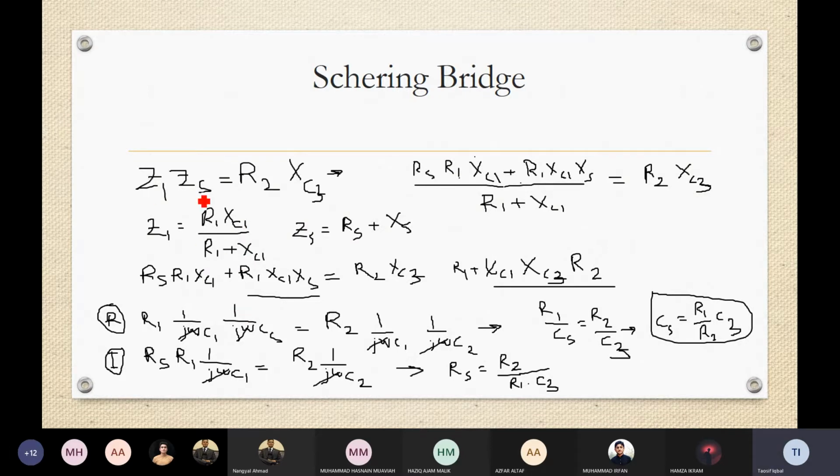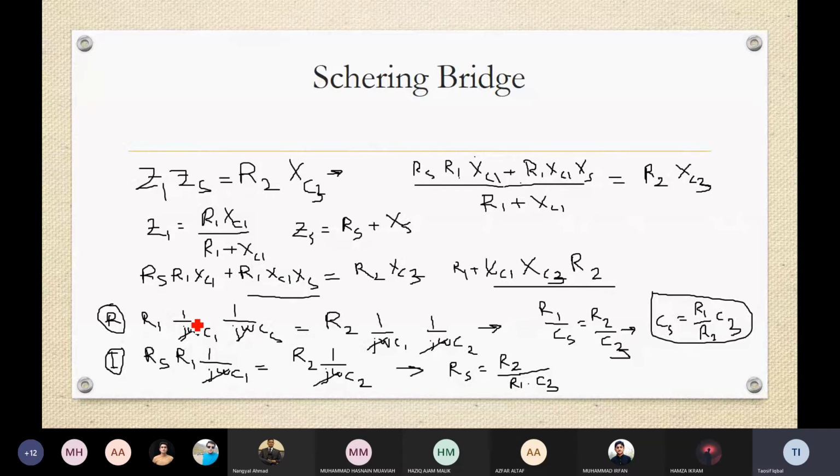So putting into the formula, we will get Rs multiplied by R1 XC1 plus R1 XC1 multiplied by XS, and on the other side we have R2 XC3.